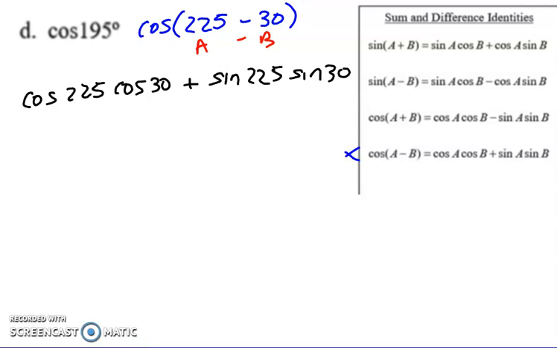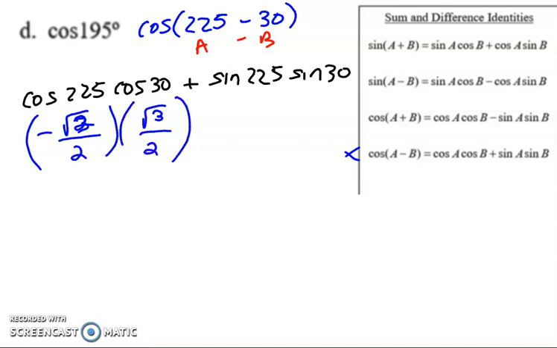So the cosine of 225, being in quadrant 3, it's going to be negative square root of 3 over 2. I'm sorry, square root of 2 over 2. Cosine of 30 being the square root of 3 over 2, plus sine of 225. Also quadrant 3, which will make it negative, square root of 2 over 2.